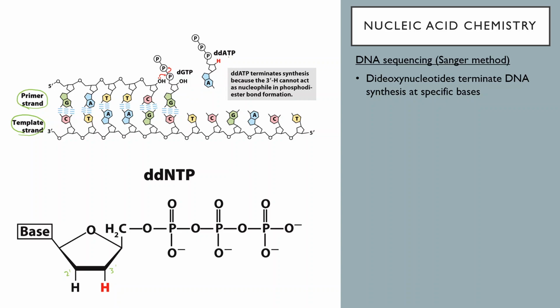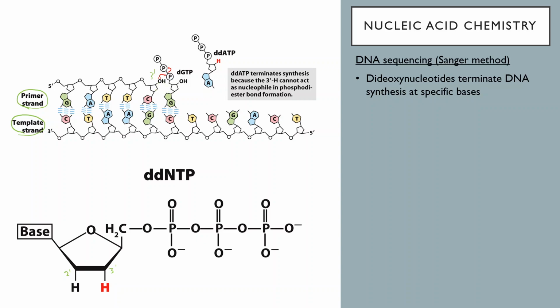So the other bases will get added along. If your DNA polymerase is going along, again, starting at the 3' end of the primer strand, if it sees a C in the template strand, it will grab a molecule of deoxy GTP and add it to the 3' end.